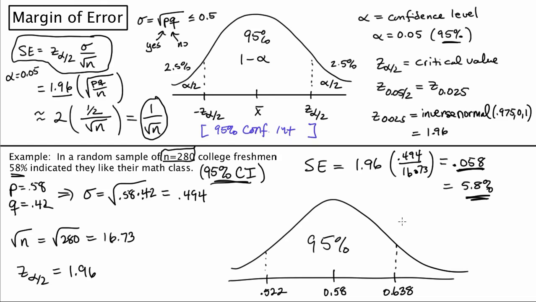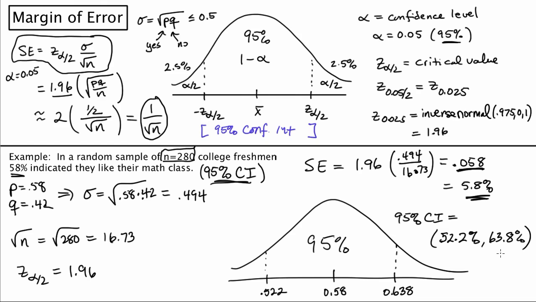So we say our 95% confidence interval is that the actual percentage, if somehow we were able to sample every single college freshman there is, that would be our population, then the actual answer we could expect is somewhere between 52.2 and 63.8%.